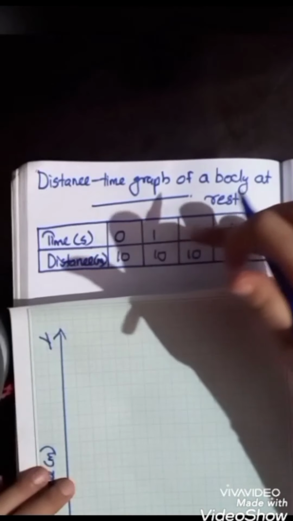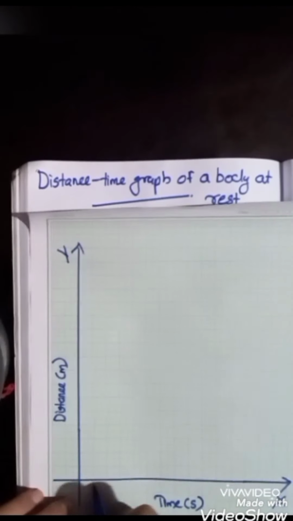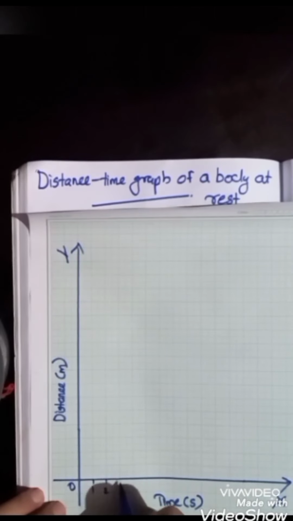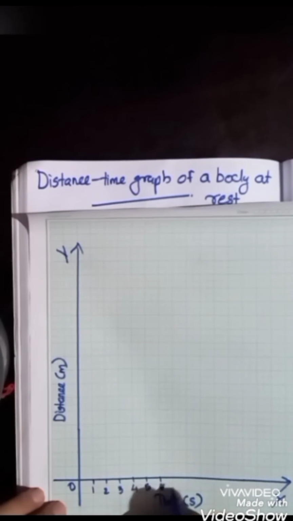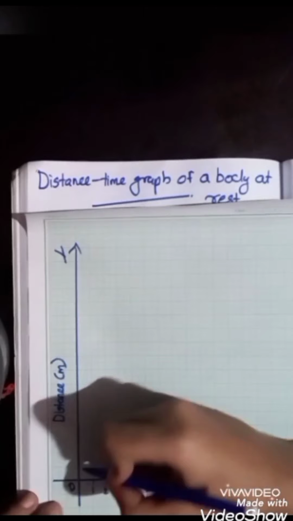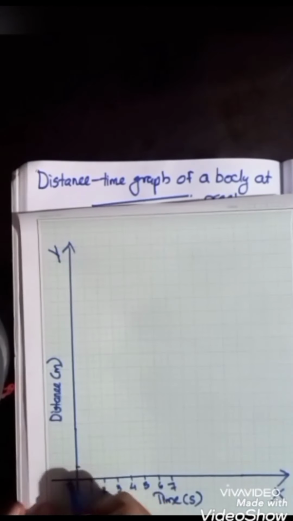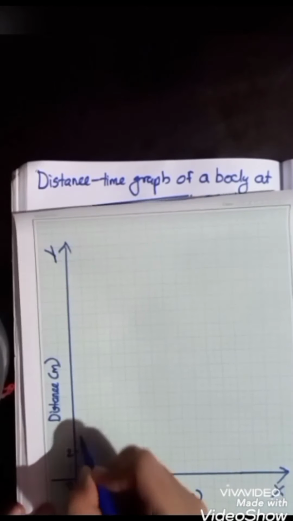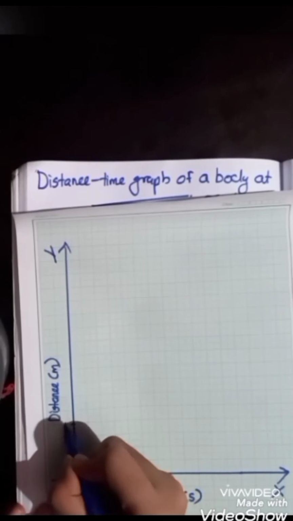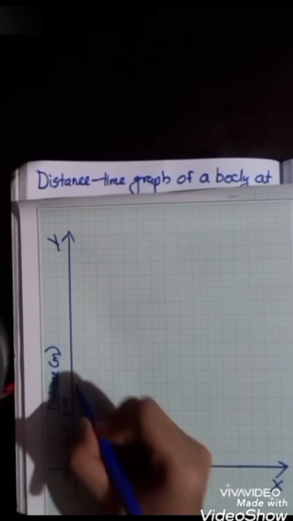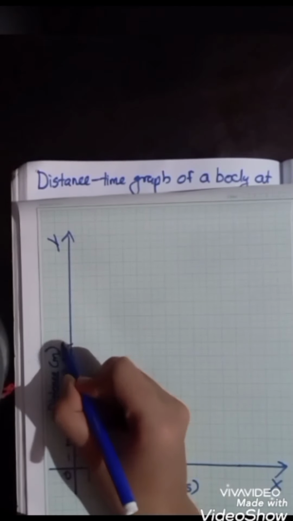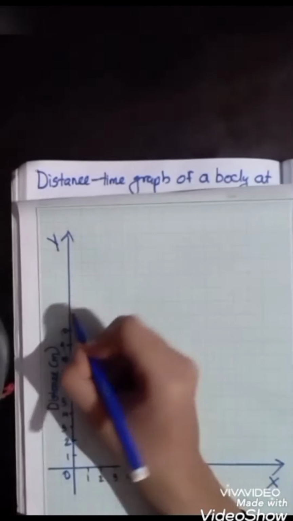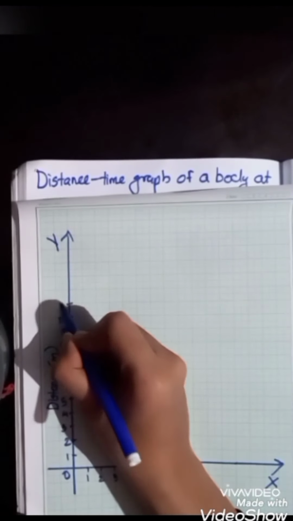Here is the origin, then time 0, 1, 2, 3, 4, and so on.